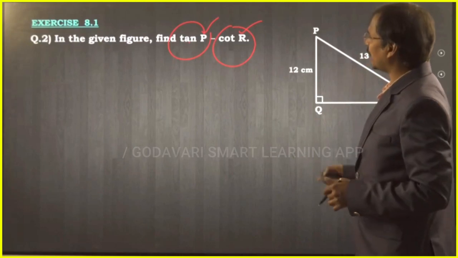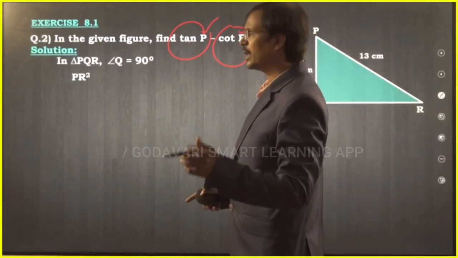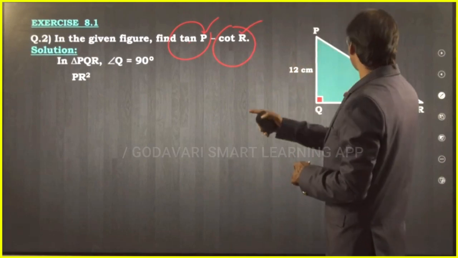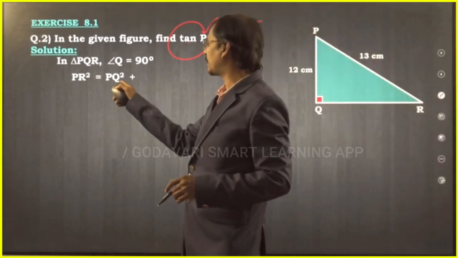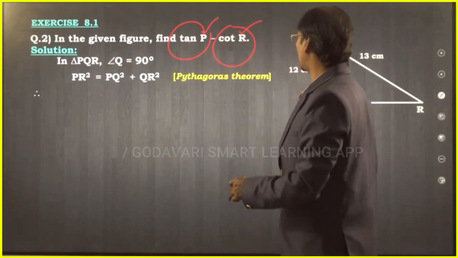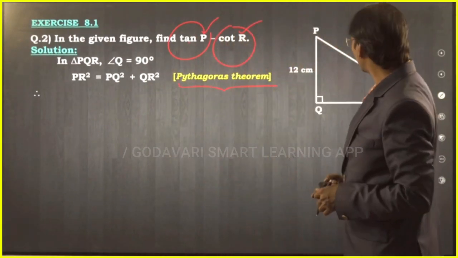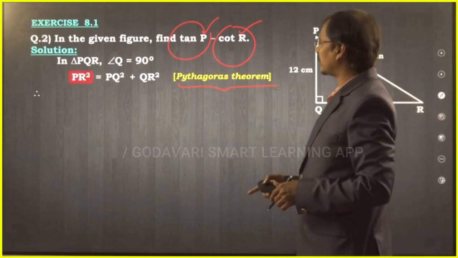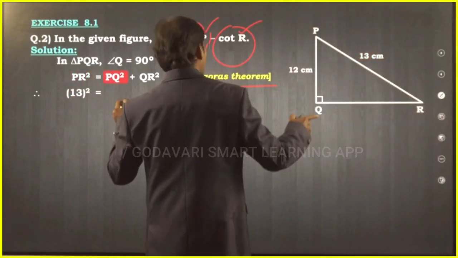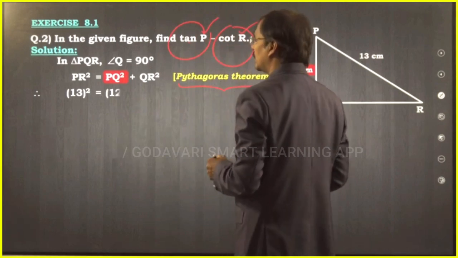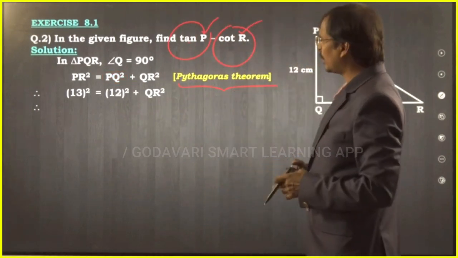This is a right angle triangle, that's why we have to consider the Pythagoras theorem. The hypotenuse square is equal to side square plus side square. The hypotenuse is 30, so 30 square is equal to 12 square plus QR square.